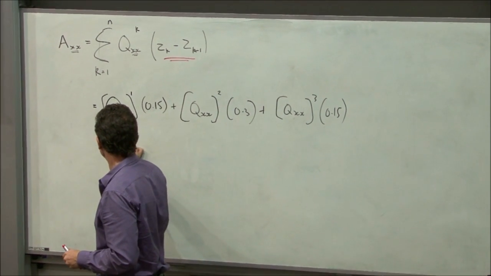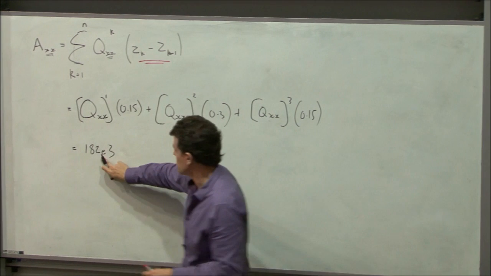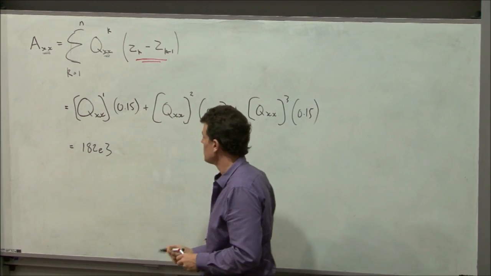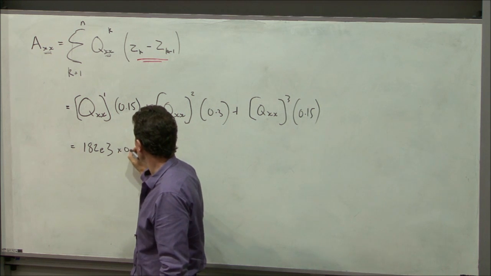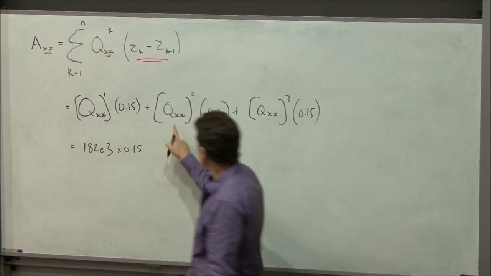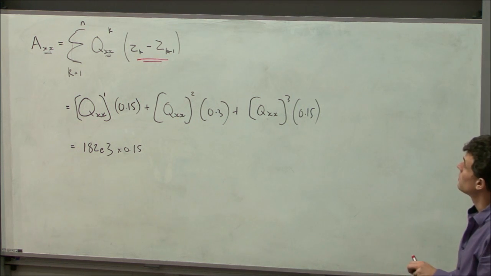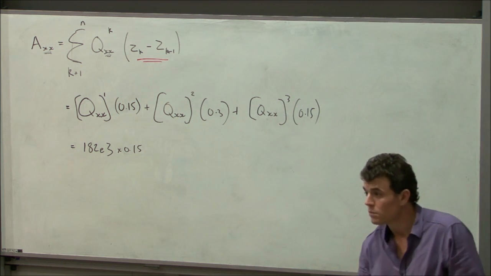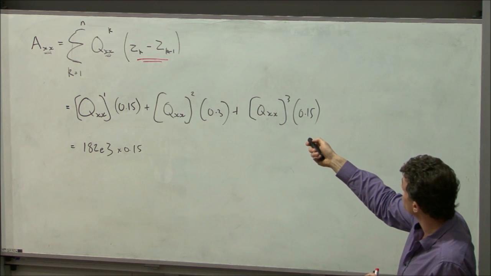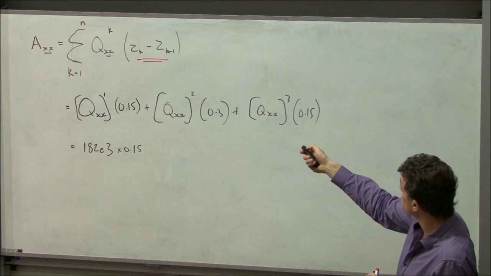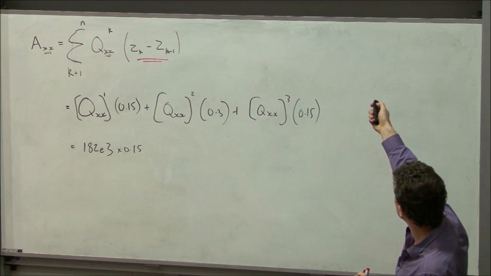So 182 E3, I'll write in this notation, that just means 10 to the 3, times 0.15. What's QXX of our second ply? This is the XX position for our first ply, and this is the XX for our second ply, because we've got a 0, then a 90, and then a 0.